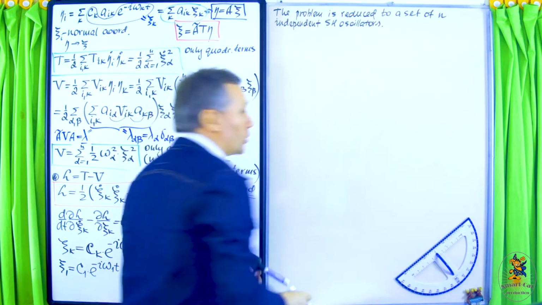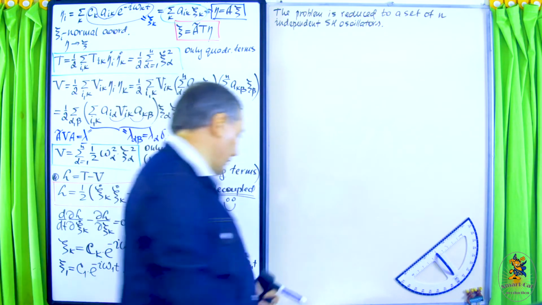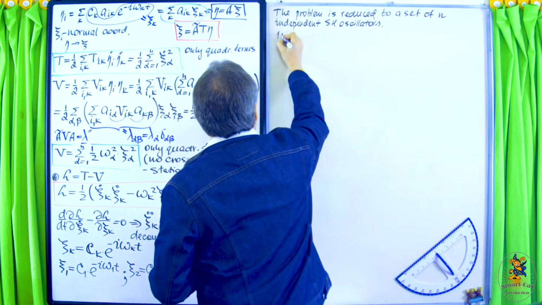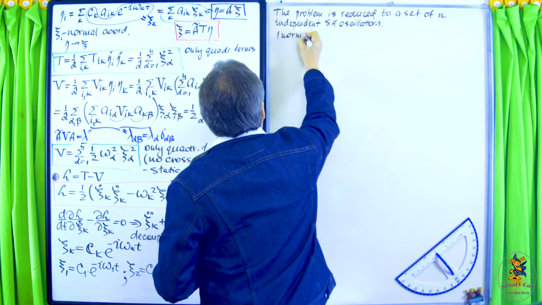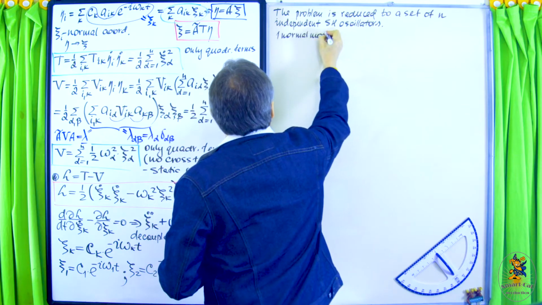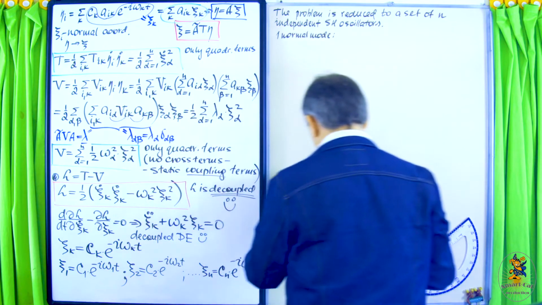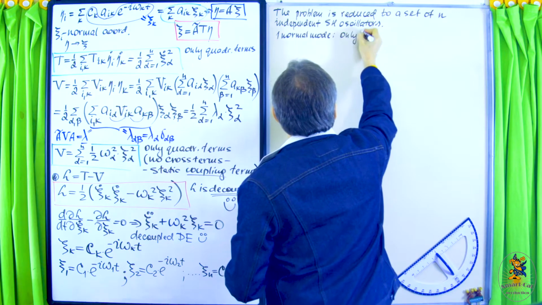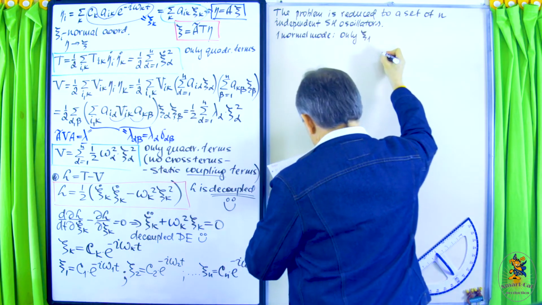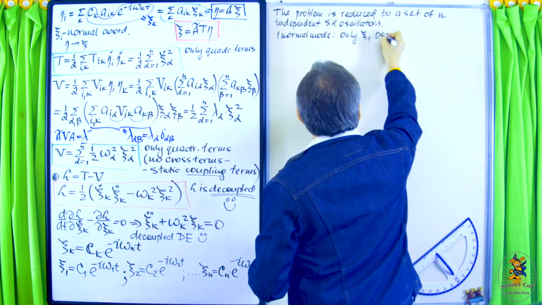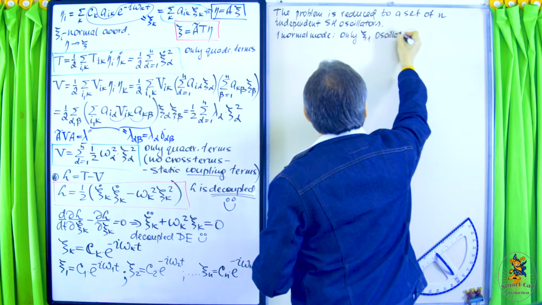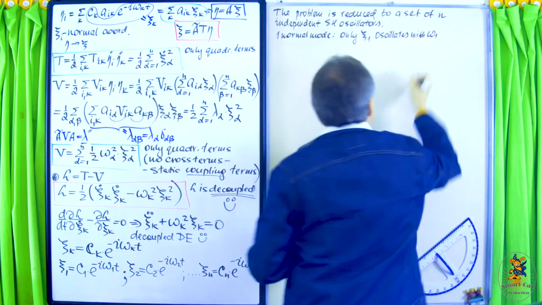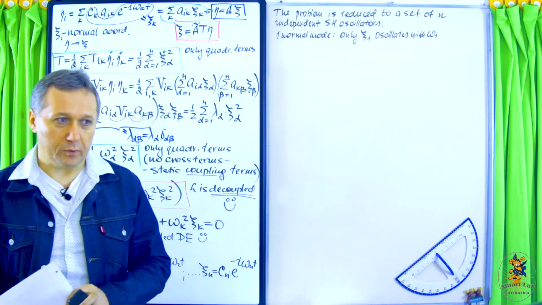And so now about these normal modes, which I just told you. Let me write a few things. So first normal mode: only psi 1 oscillates, of course with the frequency of the first normal mode, because that's the major feature of normal modes.